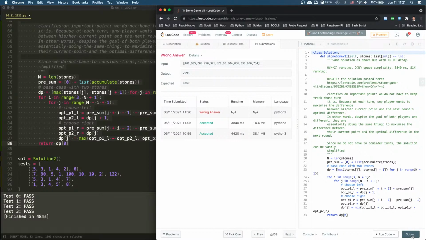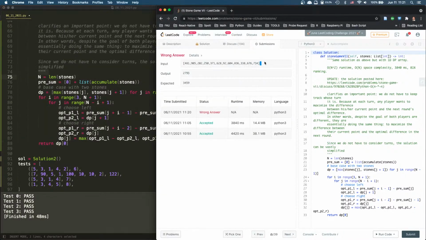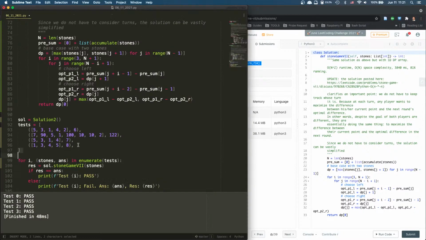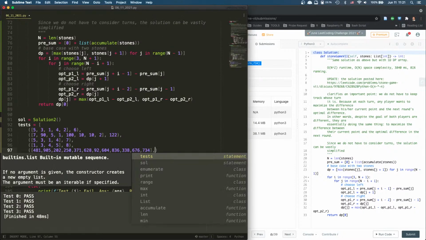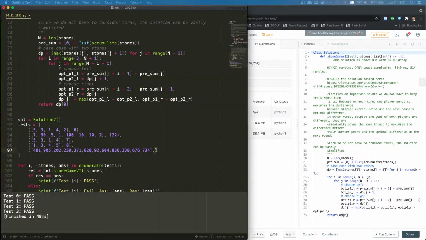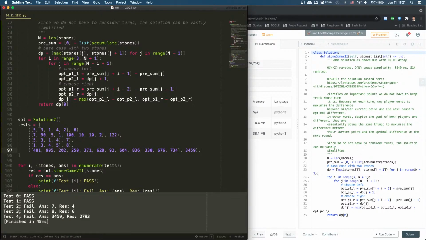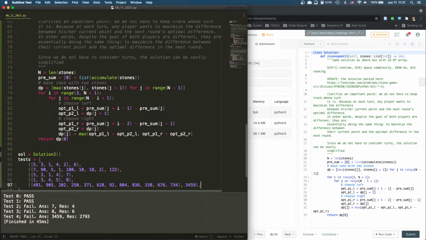We get a wrong answer. I thought these are the same. Oh, something is different. That means I haven't understood fully if this happens. Oh, hold up.